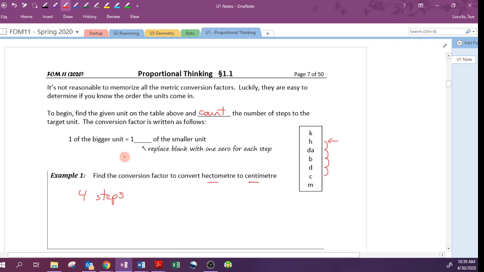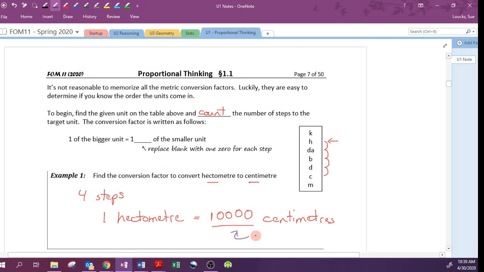The order doesn't actually matter whether I'm going up or down, because I'm going to write, my hectometer is bigger, so it's going to be 1 hectometer equals some number of centimeters. And my number is going to be a 1 with 4 zeros after it. 1, 2, 3, 4.